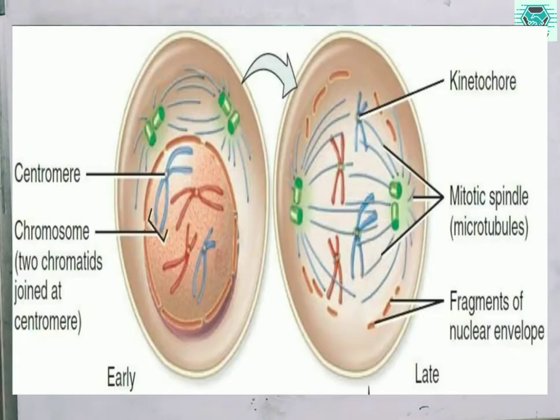in the diagram we can see that during early prophase the chromatin fibers condense. Generally when I discussed the DNA and the chromosome, I already told that the chromatin fibers are basically present and condense to form the chromosome.